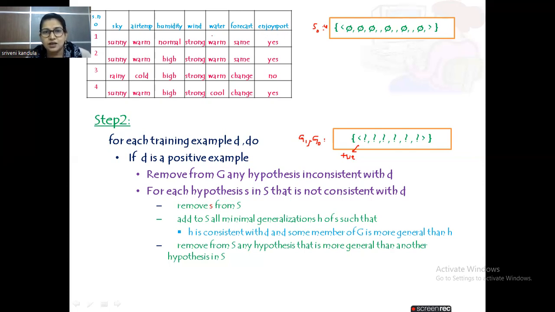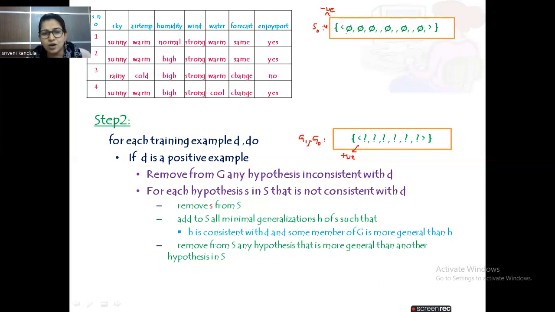That means none of these attribute values are acceptable by this hypothesis. So this will classify my example 1 as a negative example, but it is a positive one. Inconsistent classification. So what should be done? Remove s from S. Okay, so we will not consider this anymore.